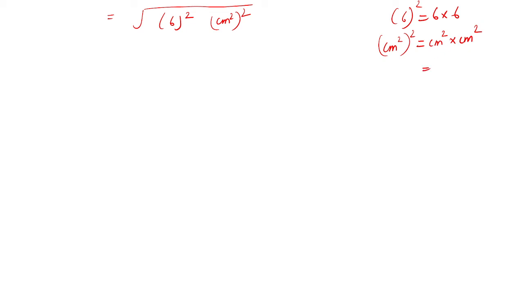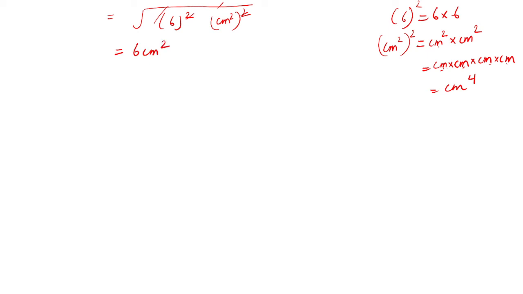You add them up. Or else if you're confused, what is centimeter square? It is centimeter into centimeter. So how many times centimeter? 1, 2, 3, 4. You add them up, centimeter to the power 4. Clear with this step? So you can cancel them, and you're getting this as 6 centimeter square.